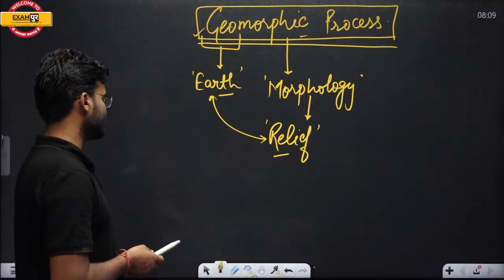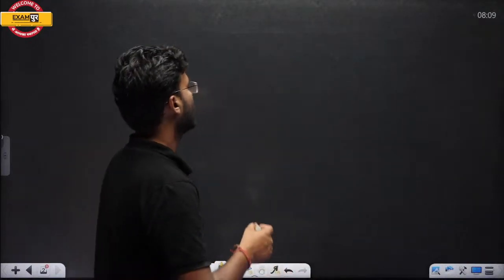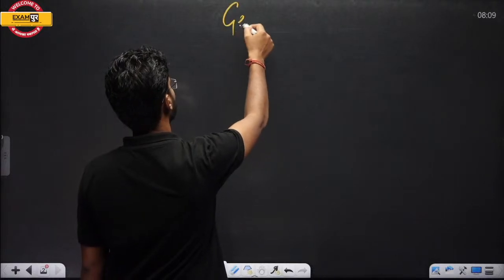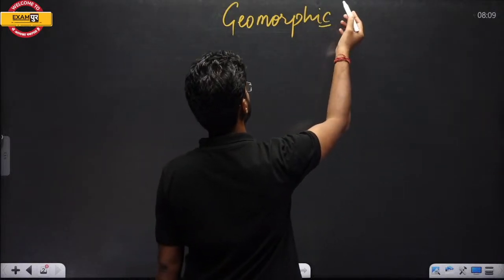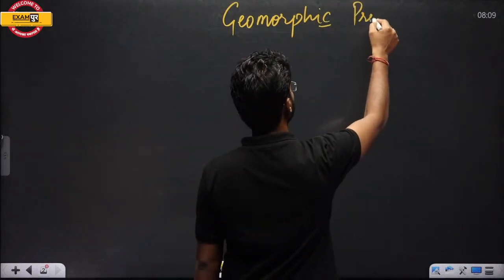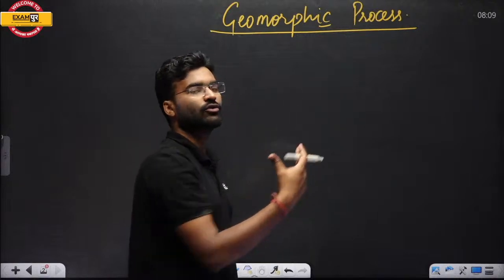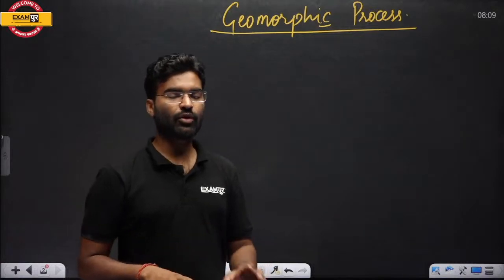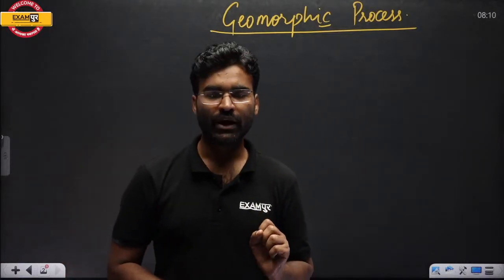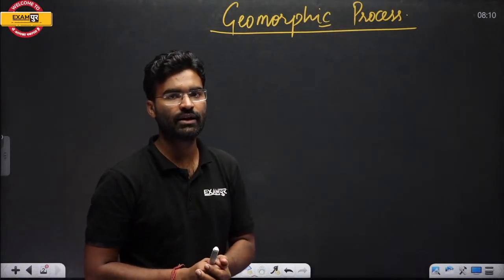I hope you understand what the geomorphic process is. In the Earth, two types of forces are acting. For any process to begin or to complete, some force is required. So for the geomorphic process there are two types of force working in the Earth.